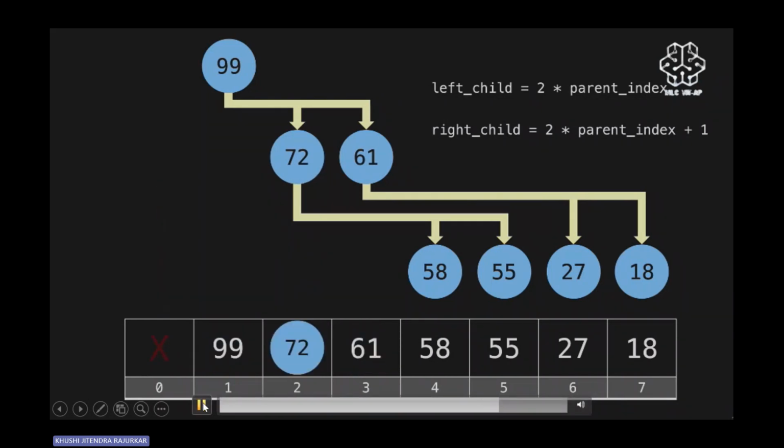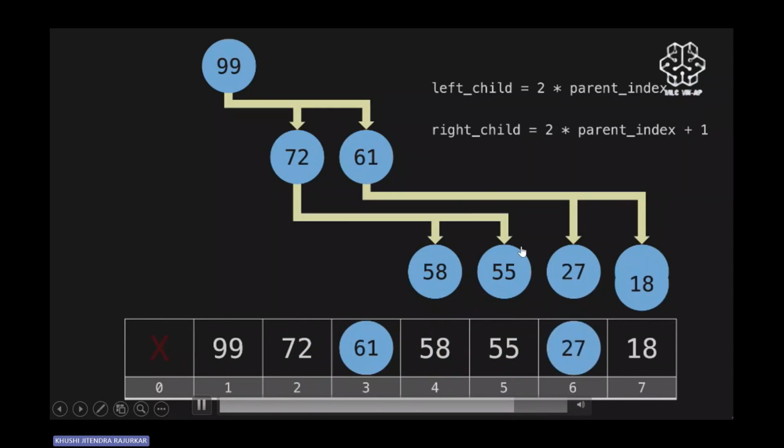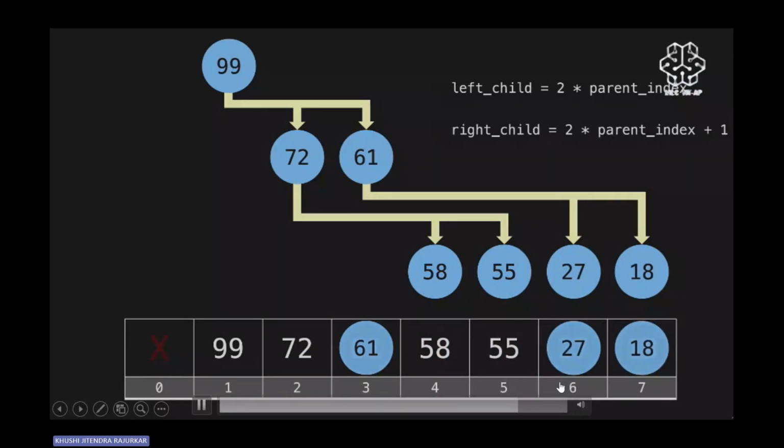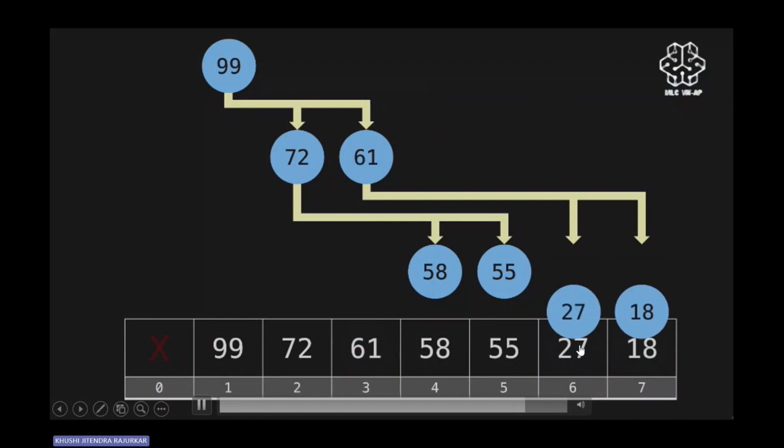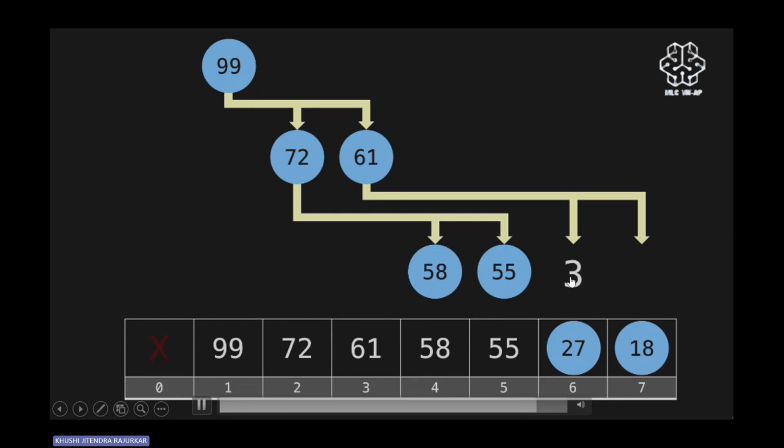And if we have our children given to us already, and if we want to find out our parent node, we shall say index minus 1, floor division 2. You shall see it soon. For example, if you have 27 located at index 6, then you shall simply divide this number by 2 and it shall return 3 to you. And then we can know that the parent is 61, which is located at index 3.